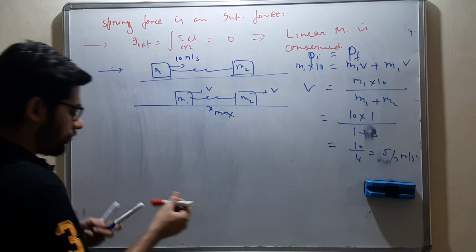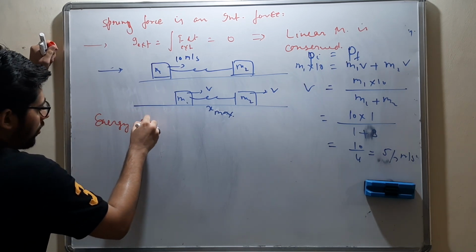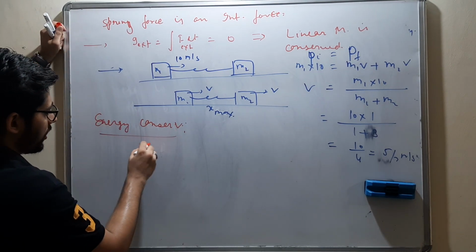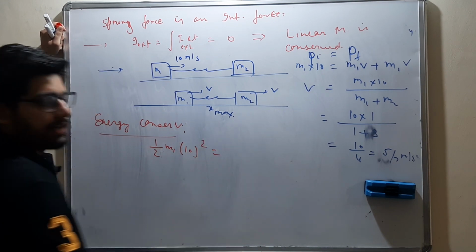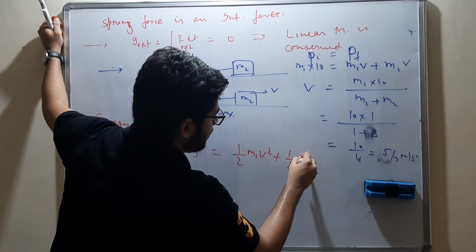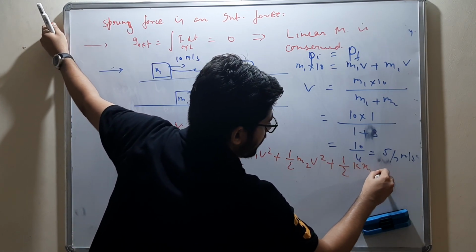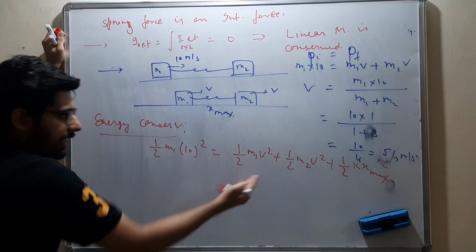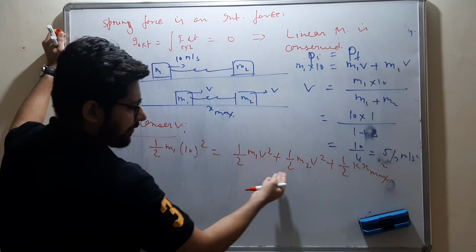Now I can use energy conservation. Initially the system has energy half m1 into 10 square, and finally half m1 v square plus half m2 v square plus half k x max square. This is the initial energy and this is the final energy of the system.